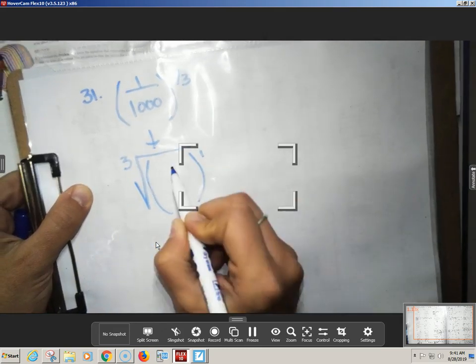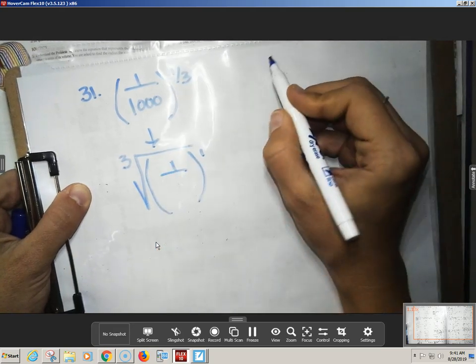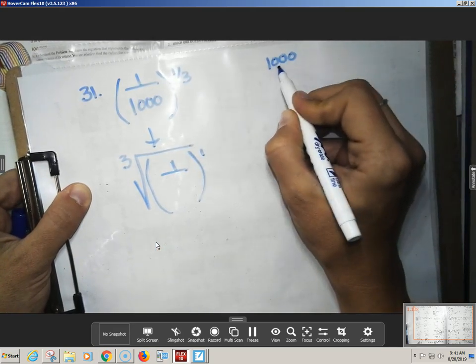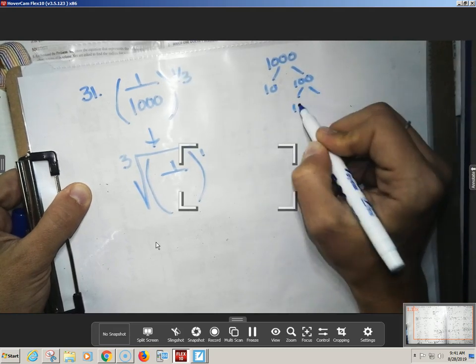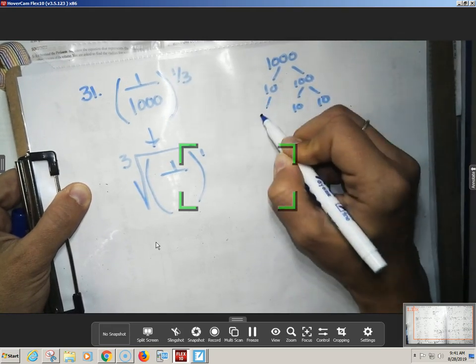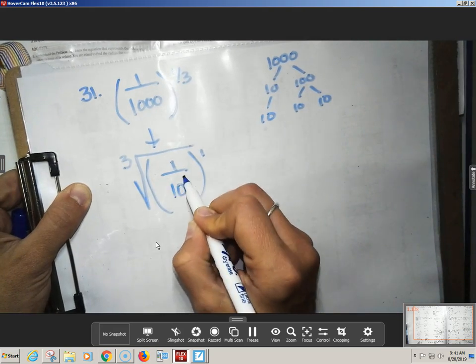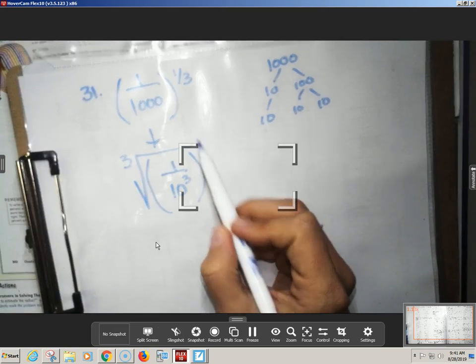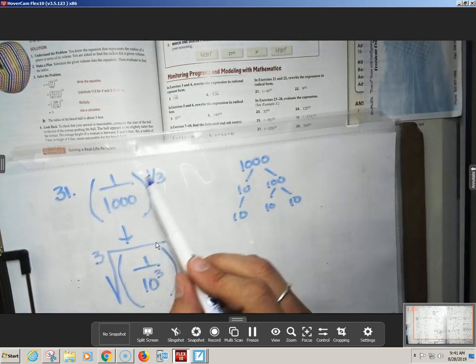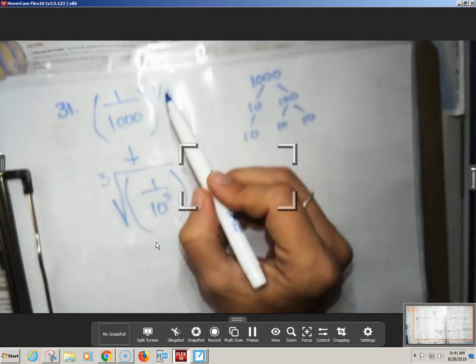But did you guys realize that 1,000 can be broken down into tens? And how many tens? Did anybody figure that out? Yeah, 10 to the power of 3, or 10 cubed. It's an understood one. 1/3. Does that make sense, Jerry? Yeah.